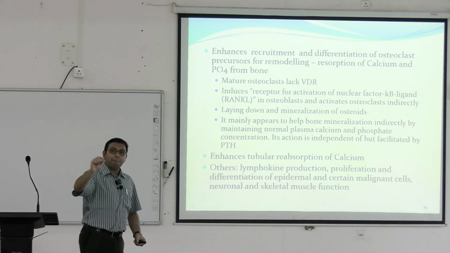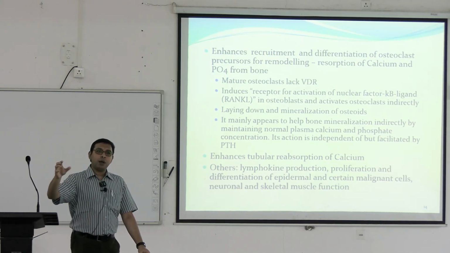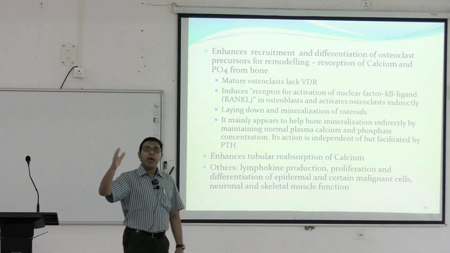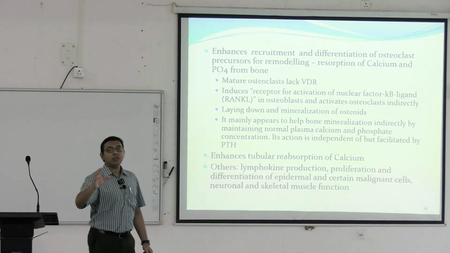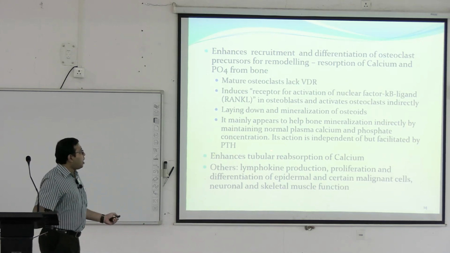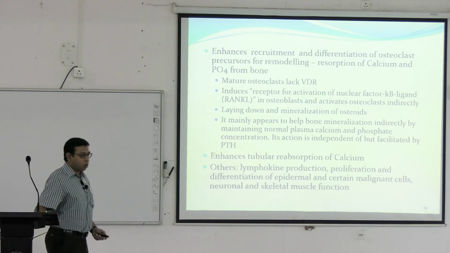Basically this is a balance between the plasma calcium and the bone calcium. When the bones become low in calcium, more calcium is transferred from the plasma to the bone, and vice versa. This balance is maintained for the adequate health of the bones. Its action is independent of, but is facilitated by, the parathyroid hormone.